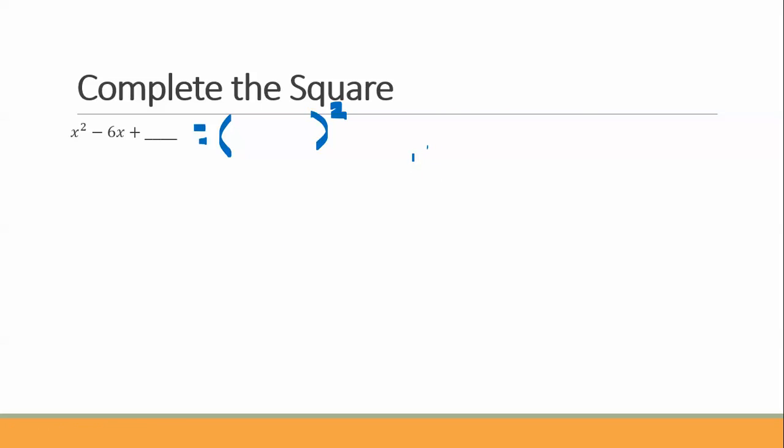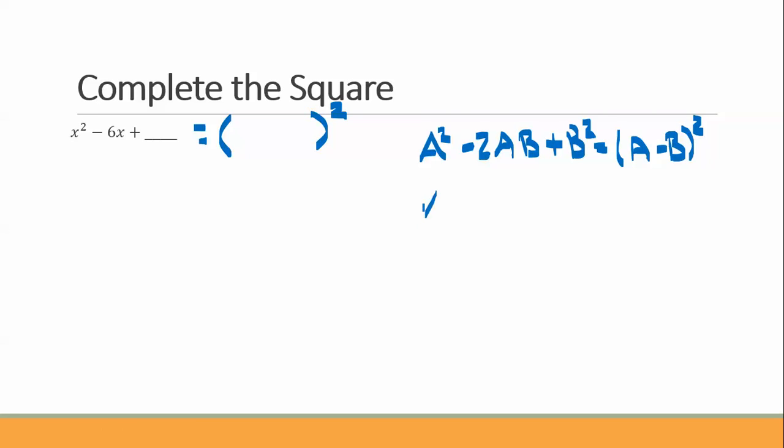Remember, we have those formulas over here: a squared, this is a subtraction sign, so we're going to use subtraction, minus 2ab plus b squared equals a minus b quantity squared.